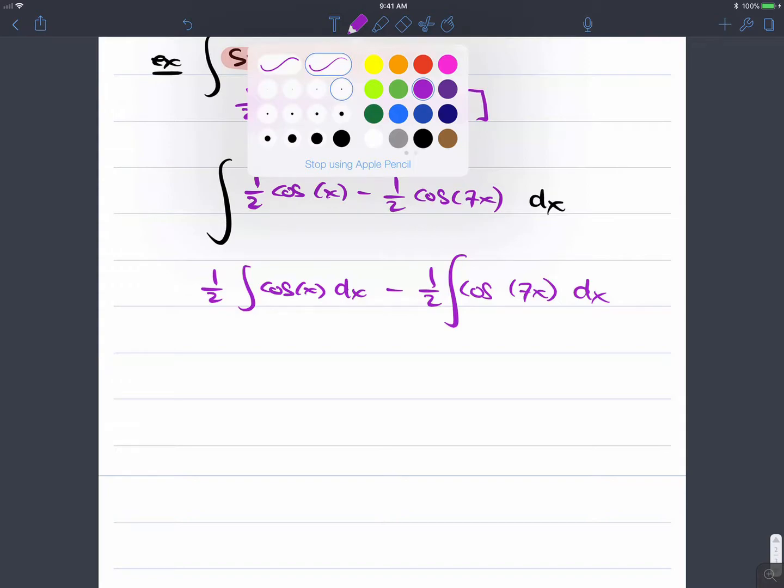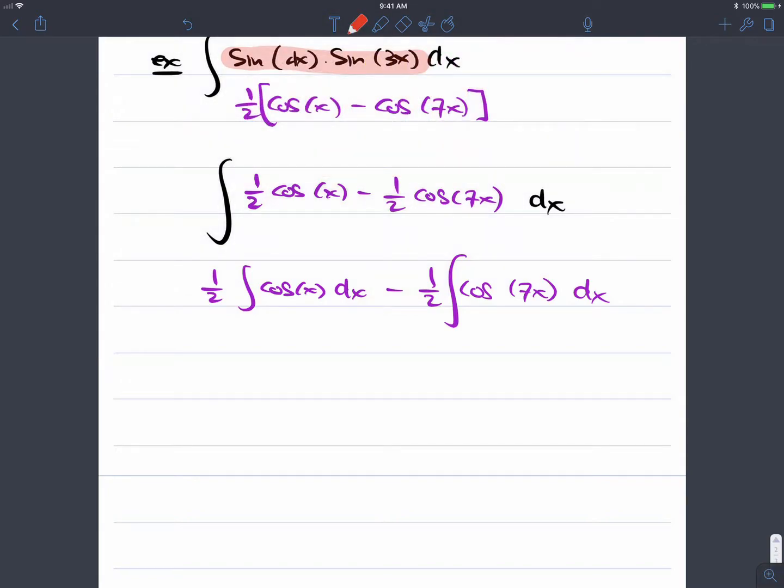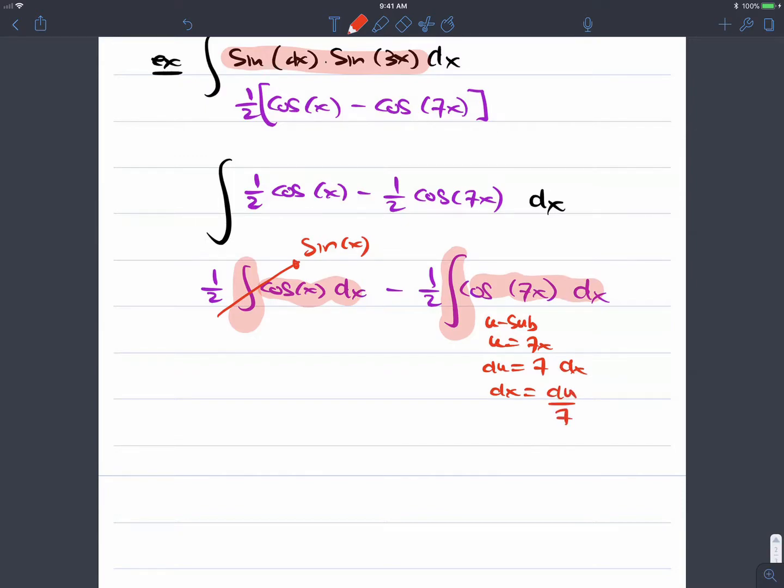So take a look. Here, I'm going to have to integrate cosine x dx, and I have to integrate cosine 7x. The first integral is just sine. My second integral, we have to use u sub here, where u is 7x, du is 7 dx, and now dx becomes du over 7.